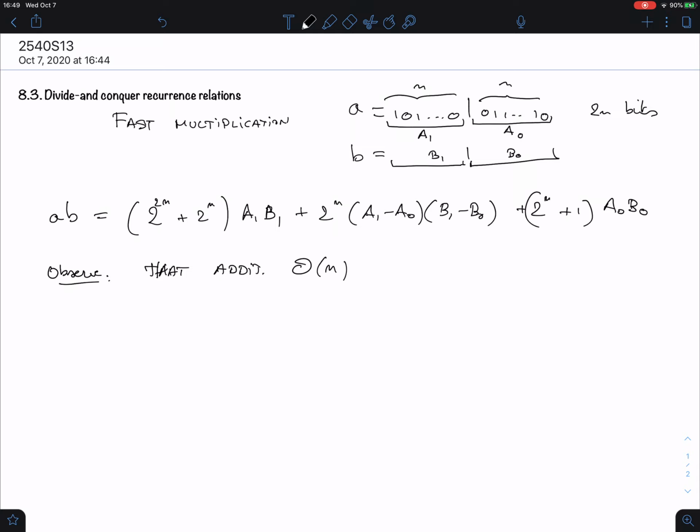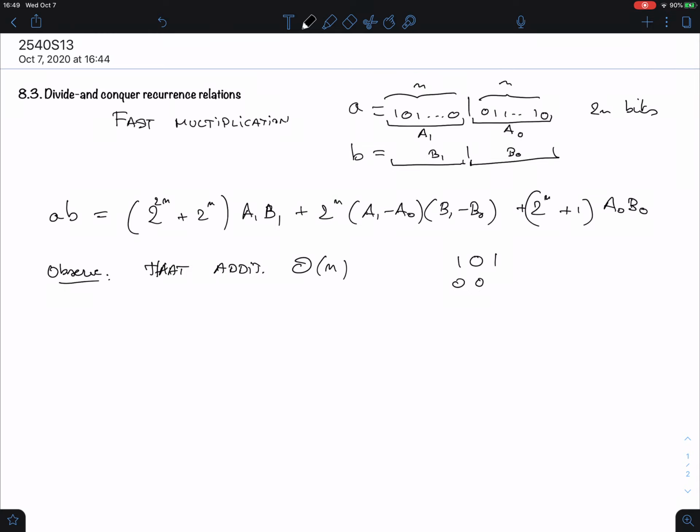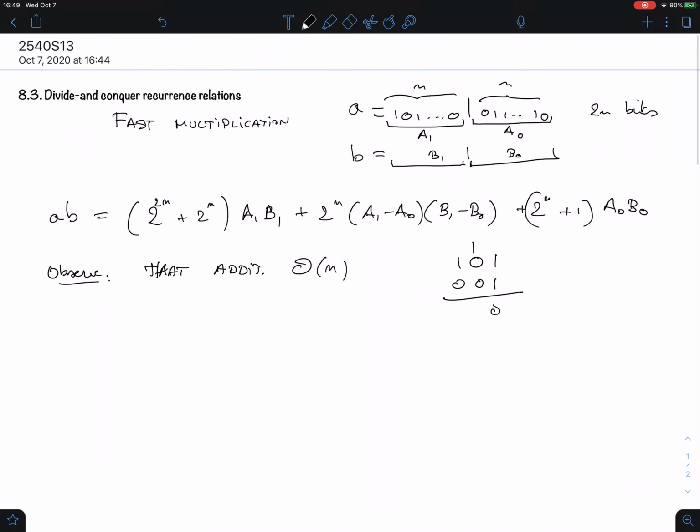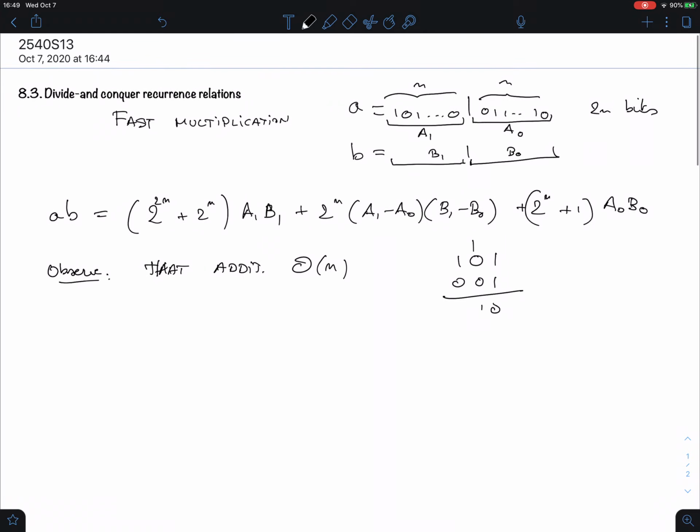Both have size 3 here, so you add the last digits, that's a 0 with a carryover, then you add the next digit, that's a 1, and the next one is a 1. That's the only thing one needs to do: we go through both of them at the same time, and that gives me n. However, multiplication is different, so this is addition.